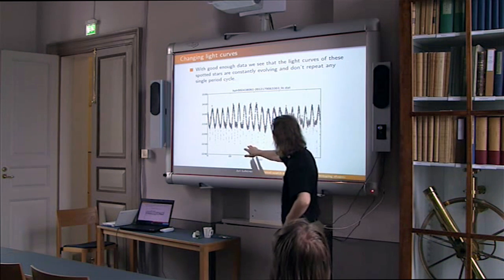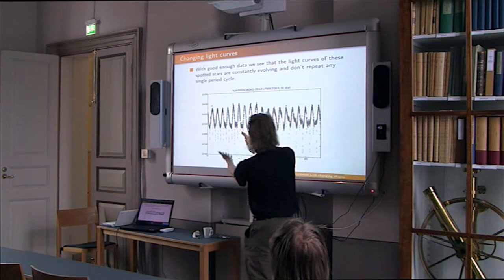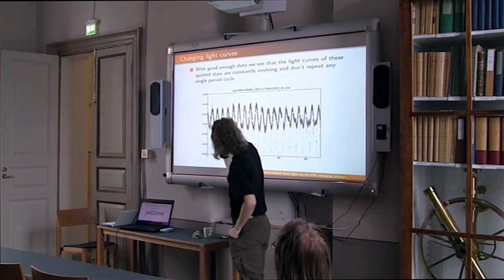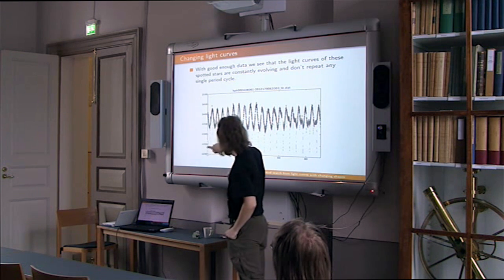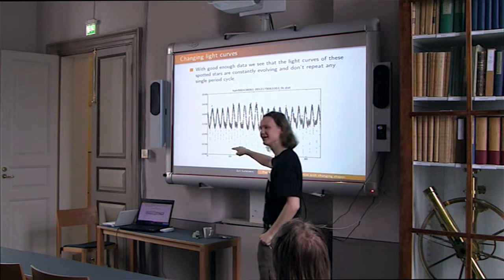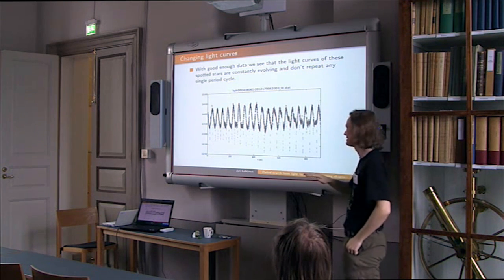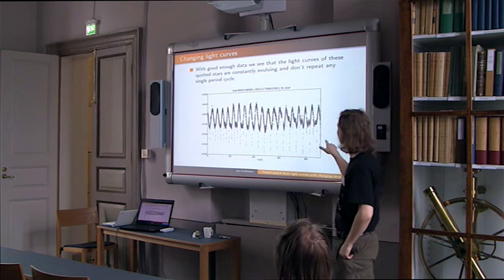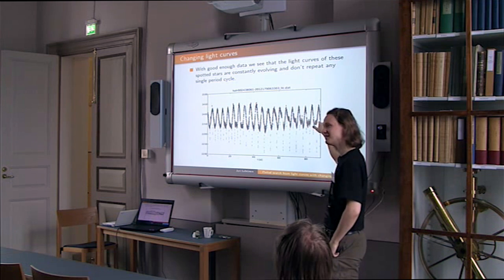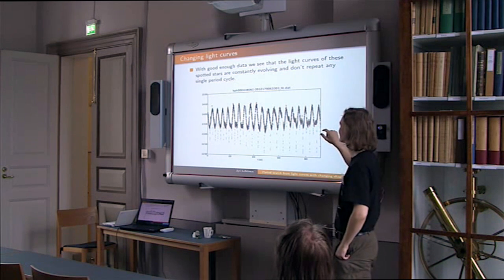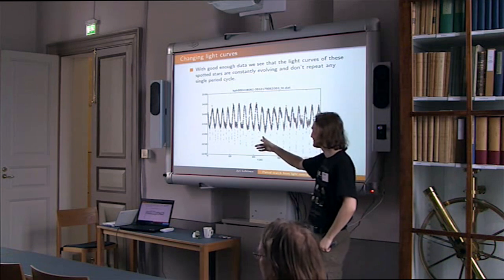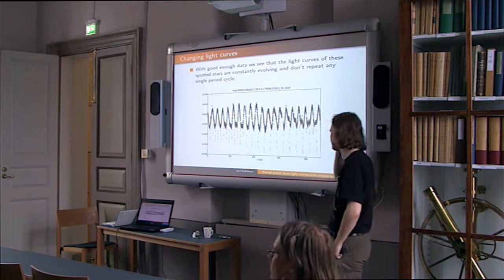But when you go here, actually, the situation turns over. The primary eclipse has been on the light maximum, and the secondary eclipse has been on the out-of-eclipse light minimum. And this is a sign that the rotation period, at least the rotation period that we can check from the spots, is different from the orbital period of the system.